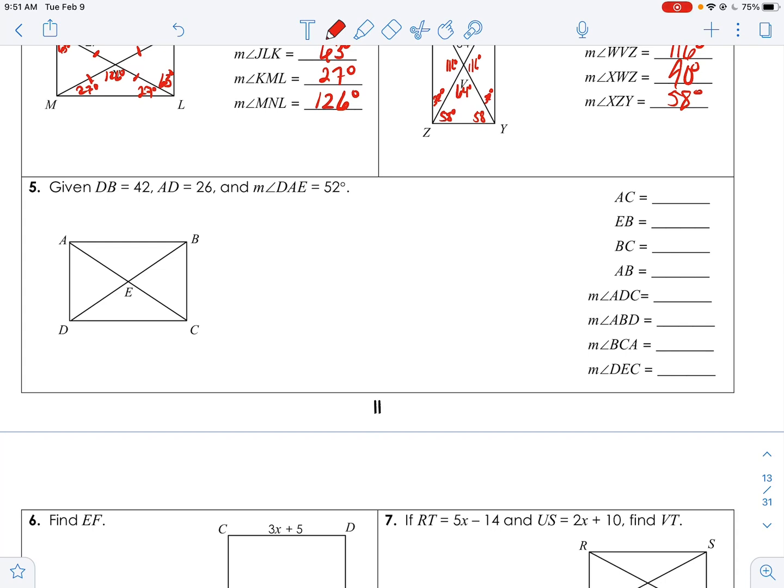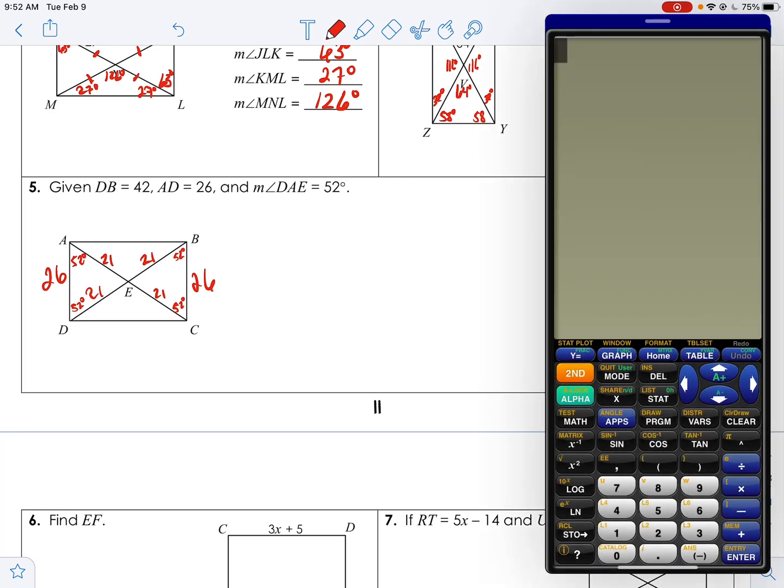Given DB equals 42, so that's 21 and 21. And we know then that's 21, and that's 21. AD is 26. And the measure of angle DAE is 52, so that's 52 degrees, which means that's going to be 52 degrees, and that's going to be 52 degrees.